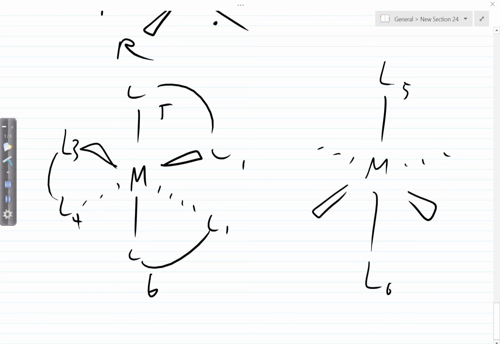Now if I rotate this whole molecule by 180 degrees, L3 will be here, L4 will be here. This is L1, this is L2. L2 must be here, L1 must be here. So now I know that L5 is always connected to L2, and L3 is always connected to L4.